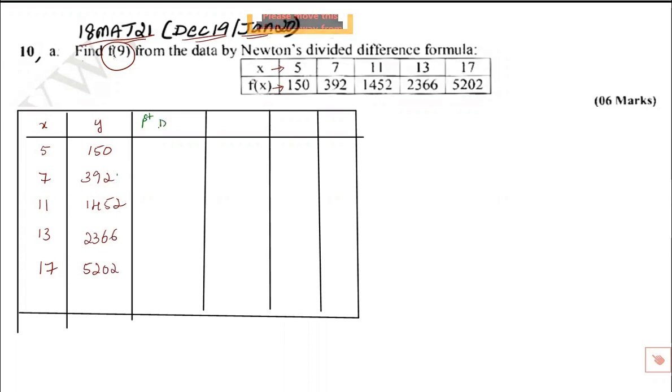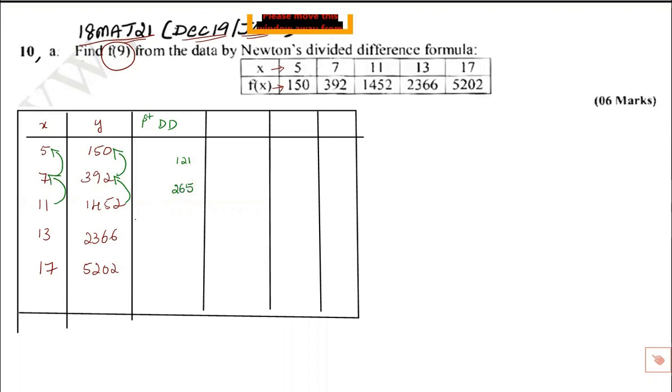So here again divided difference. First divided difference is 392 minus 150 divided by 7 minus 5, that will be 121. Then 1452 minus 392 divided by 11 minus 7, we will get 265.